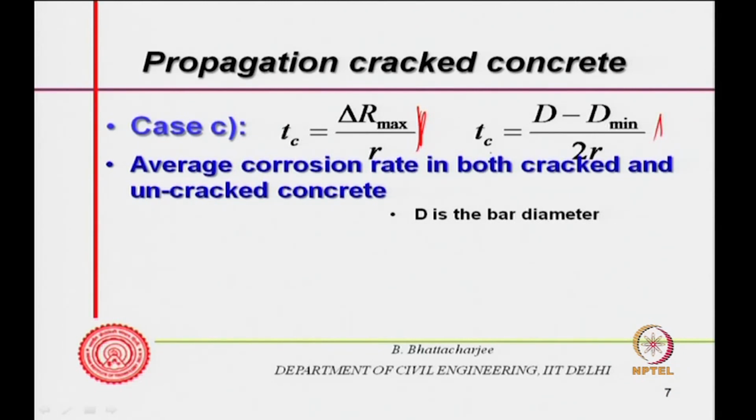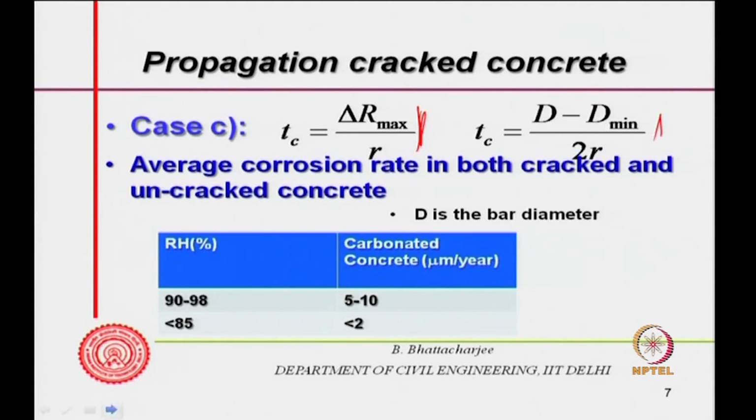So, Tc is given for different relative humidity in carbonated concrete; these rates are given, this is less than 2, and d is the bar diameter, actually the minimum d that is likely to be there, because r max is known. So, this divided by 2r will give you the time required for cracking of the cover concrete.